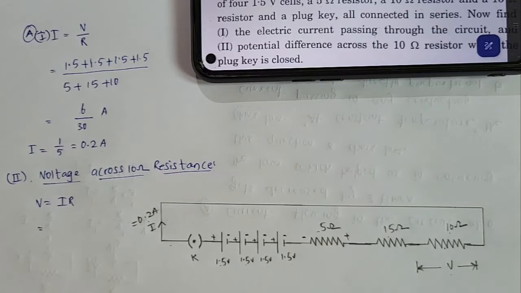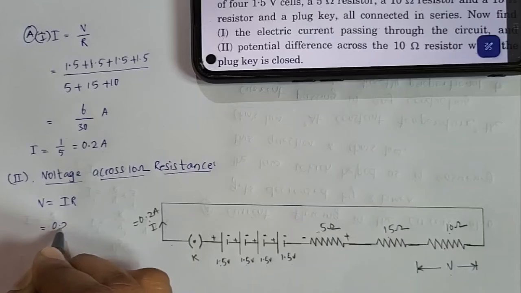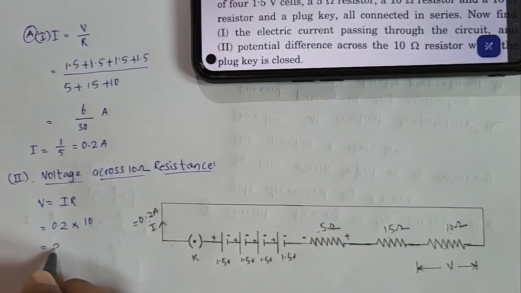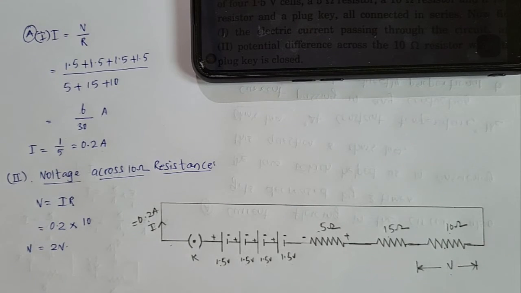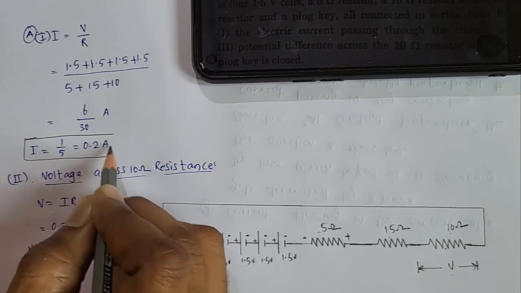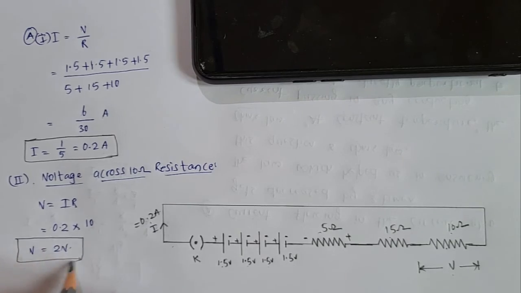So what is the current passing through the 10 ohm resistance now? 0.2 amperes into resistance value 10. 0.2 into 10, it is 2 volts. So the current in the circuit is 0.2 amperes, and the voltage across the 10 ohm resistance is 2 volts.